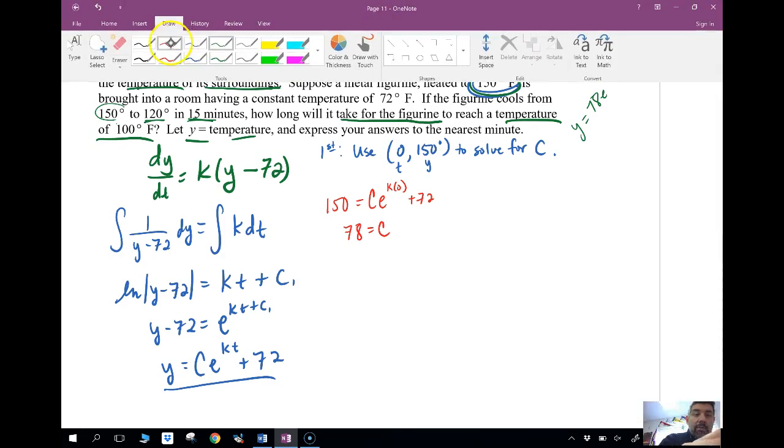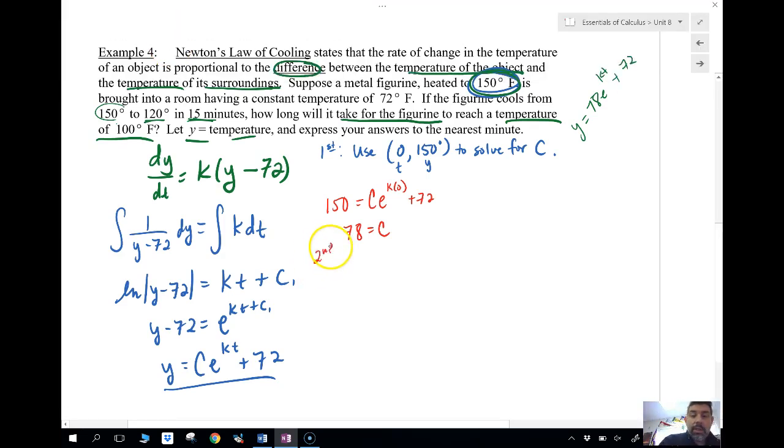Now T is 15 minutes and Y is 120 degrees, and we're going to use that to solve for k. So now we have 120 equals 78 e to the k times 15 plus 72.